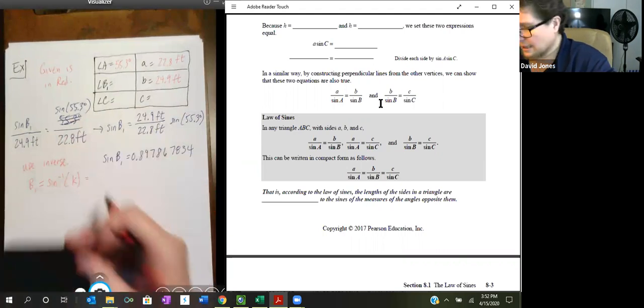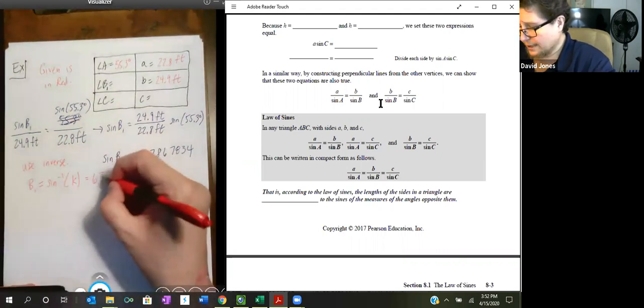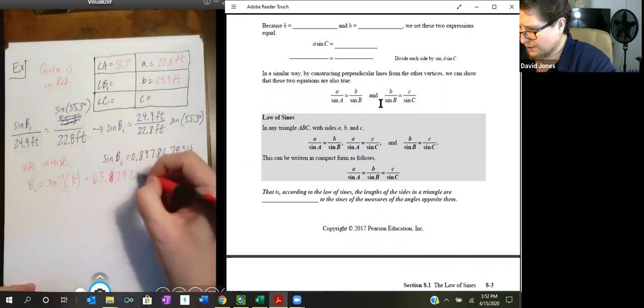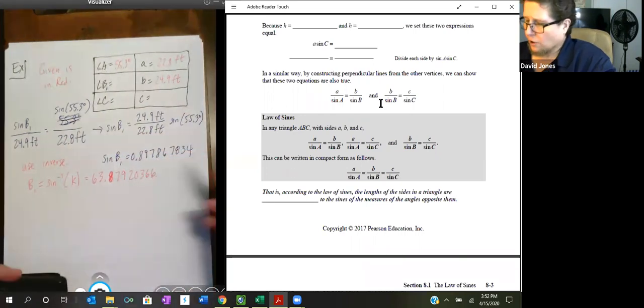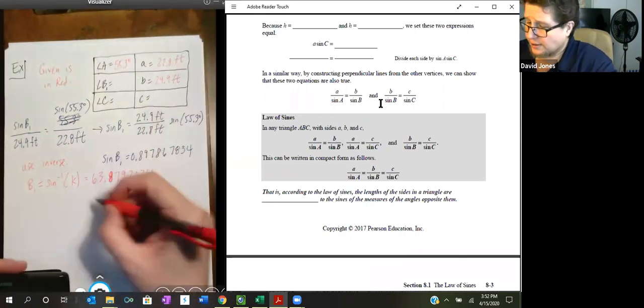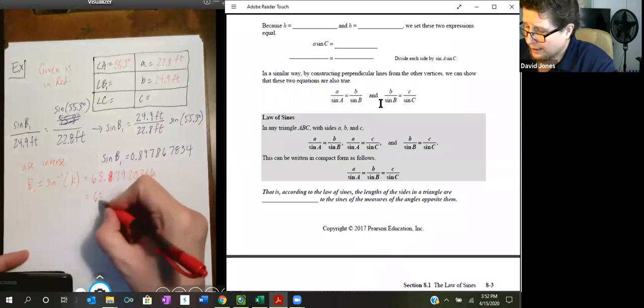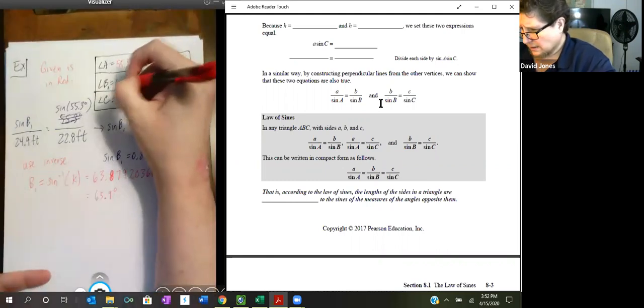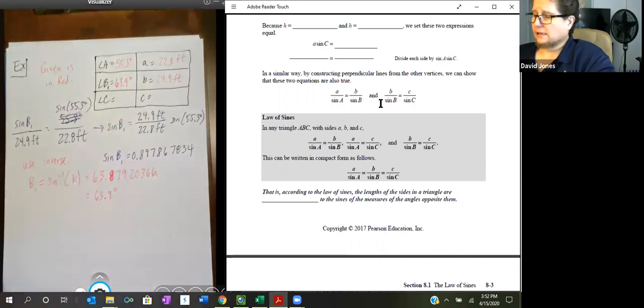I get 63.87920366. We'll keep it to 3 figures, 63.9 degrees. Okay. Before I calculate C, I'm going to check for B2.